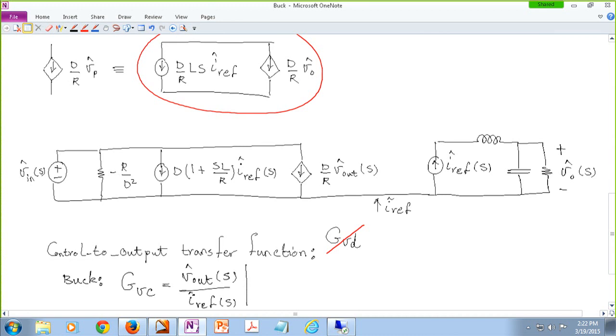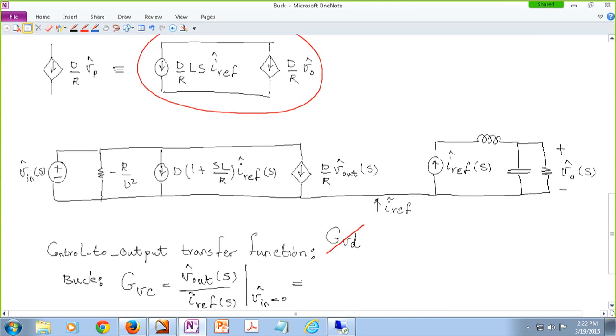While the other perturbations are zero, for instance, V in is kept constant. All right. So if V in is constant or zero, everything that I have on the left-hand side of my model is zero or shorted.